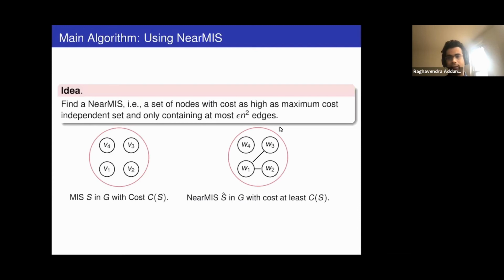It's a very sparse graph with cost as high as the maximum independent set. On the left-hand side, V1, V2, V3, V4 represents an MIS with cost C of S. On the right side, we have a graph with few edges with cost at least as high as C of S, but it is a sparse graph. This will be sufficient for our epsilon approximately learning G because of our relaxation.